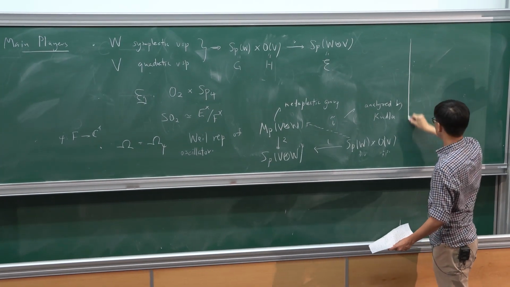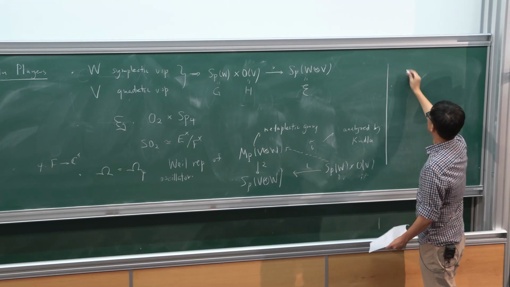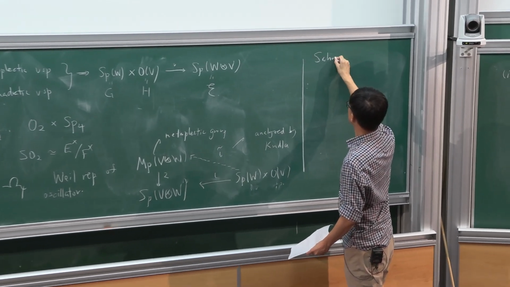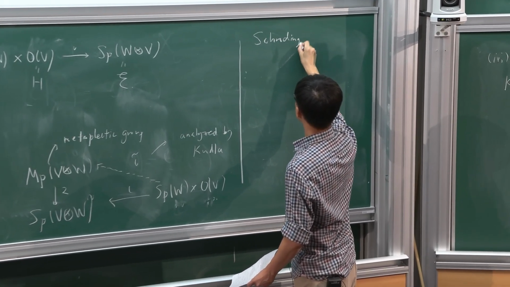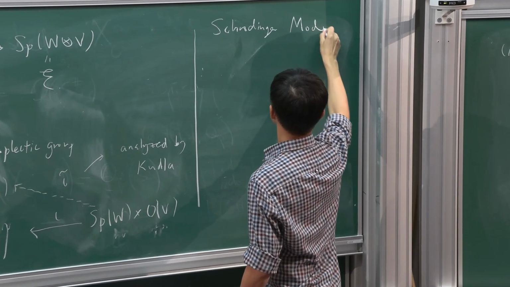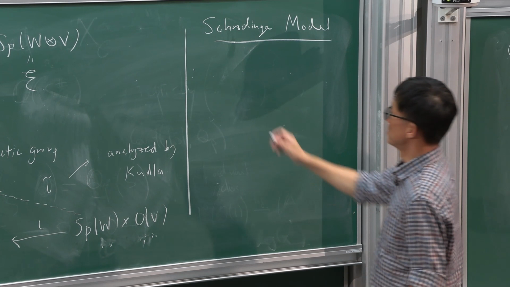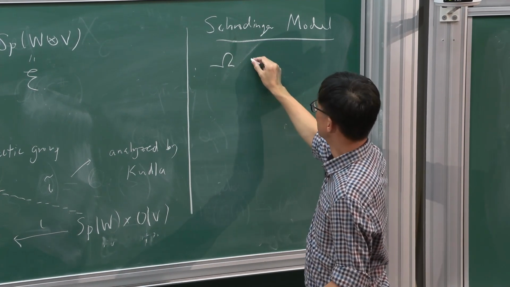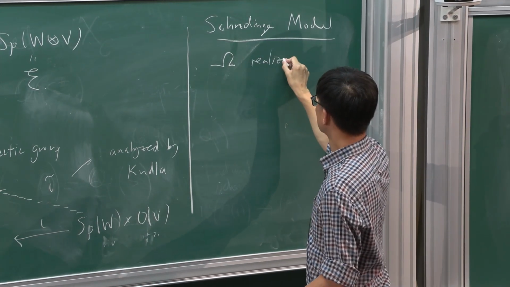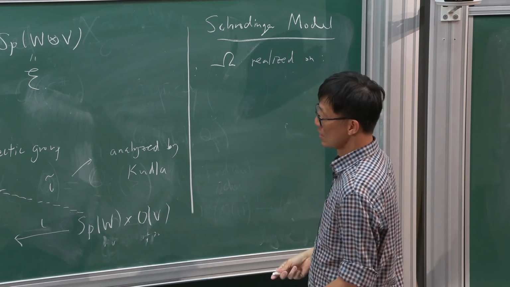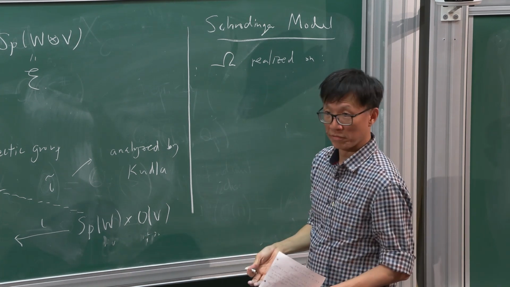I won't write a formula, but I will say what it is realized on. There's this Schrödinger model, again emphasizing a connection with quantum mechanics, that this omega is realized on the space of functions on a vector space.